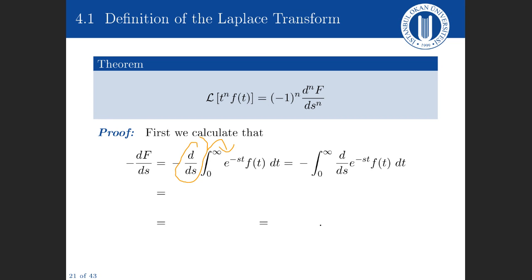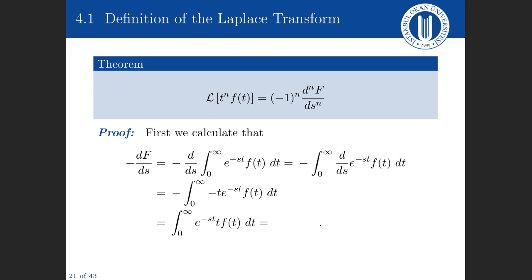In this course, I'm not going to worry about defining the details of when this is allowed and when this is not allowed. There's only one s in the integrand, it's e to the power minus st. So this is all we need to differentiate. The derivative of e to the power minus st is minus t e to the power minus st.